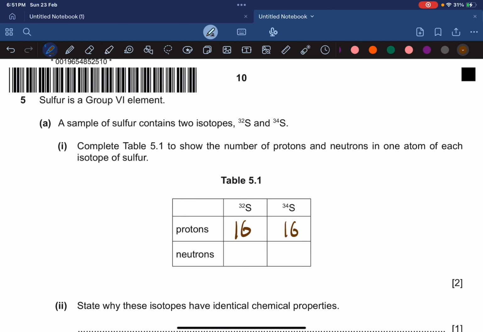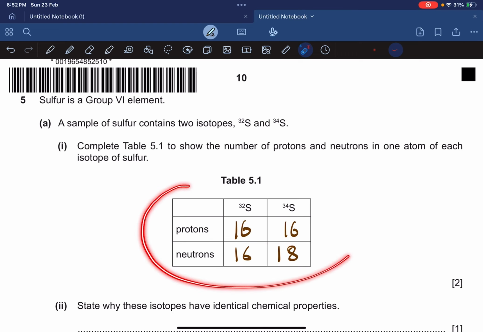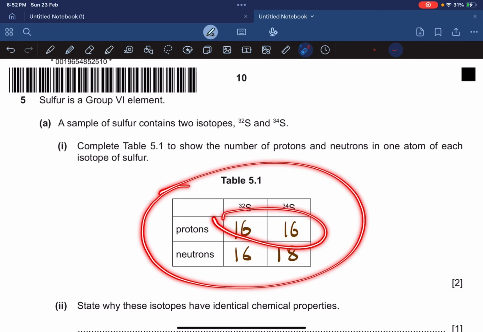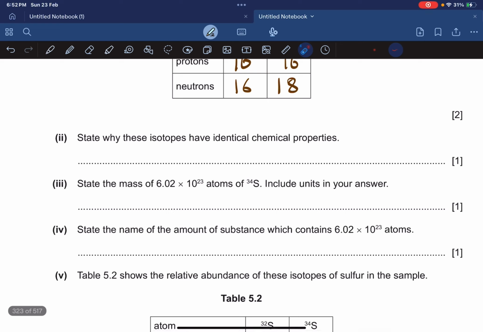And now 32 minus 16 is going to give you 16 neutrons over here, and 34 minus 16 is going to give you 18 neutrons over here. Oh, sorry, I'm so sorry for this. Neutron number is changing, proton number is not, because in isotopes, your proton number remains the same, your neutron number differs. Okay?